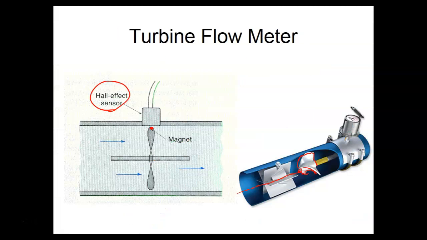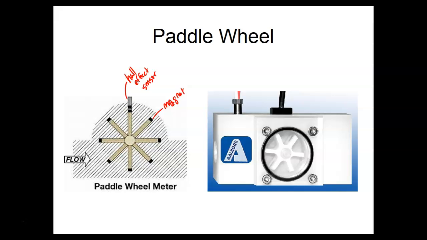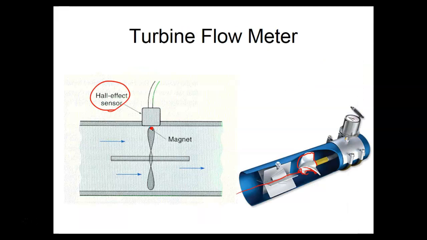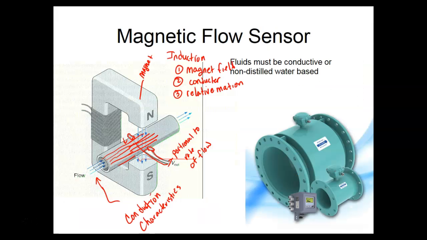So what advantage does this guy have over these guys, the ones that we've used so far? And these are the next ones that we're going to look at. So what advantage does this have?